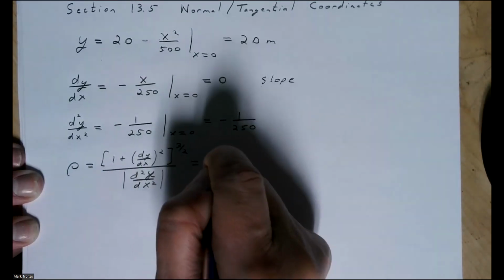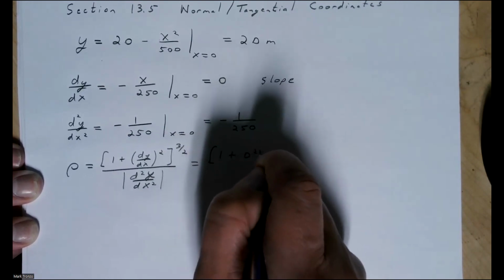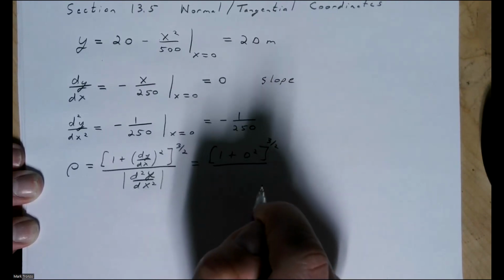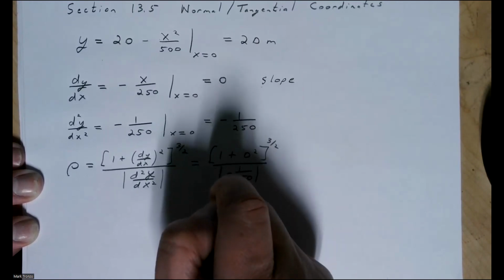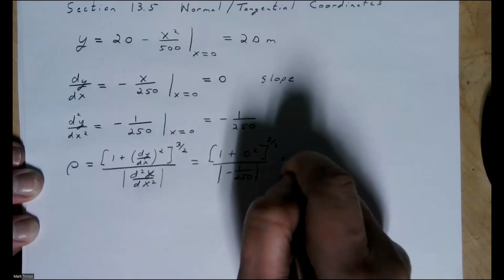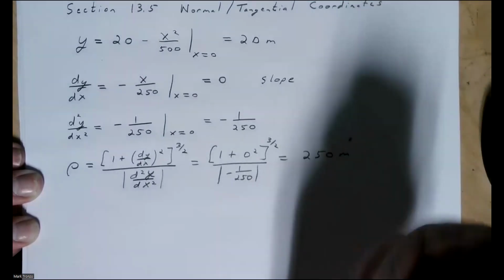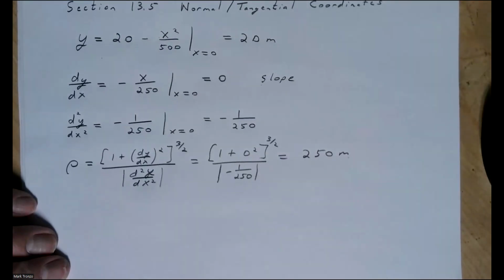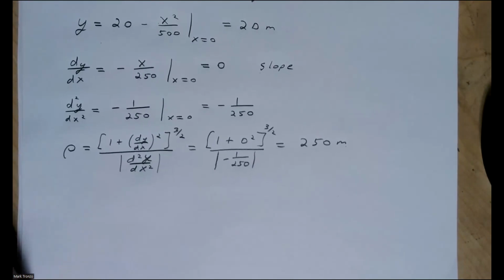And substitute all of our values. 1 plus 0 squared, to the 3/2. Obviously, the numerator is going to be 1. And the denominator's absolute value, negative 1 over 250. And this ends up being 250 meters. So now we can find out what these forces are.